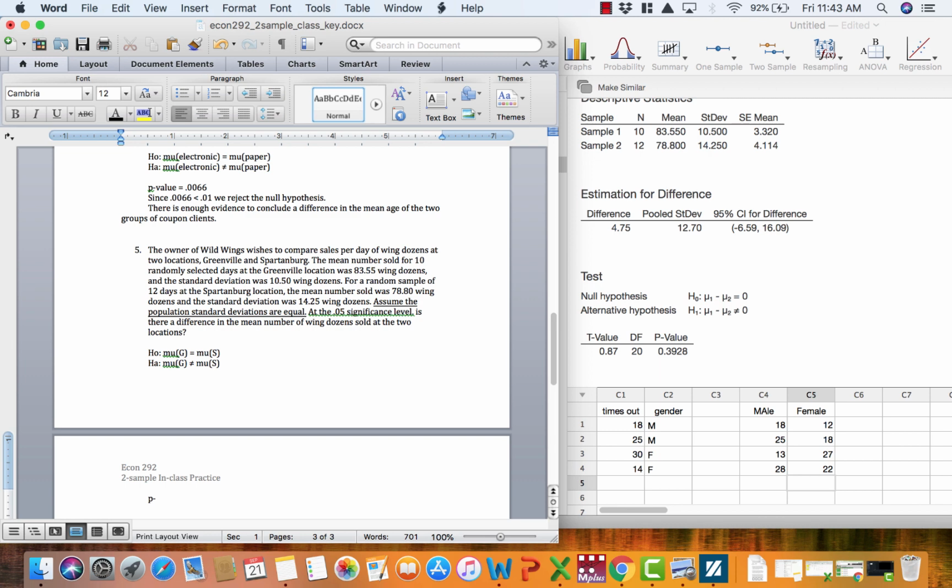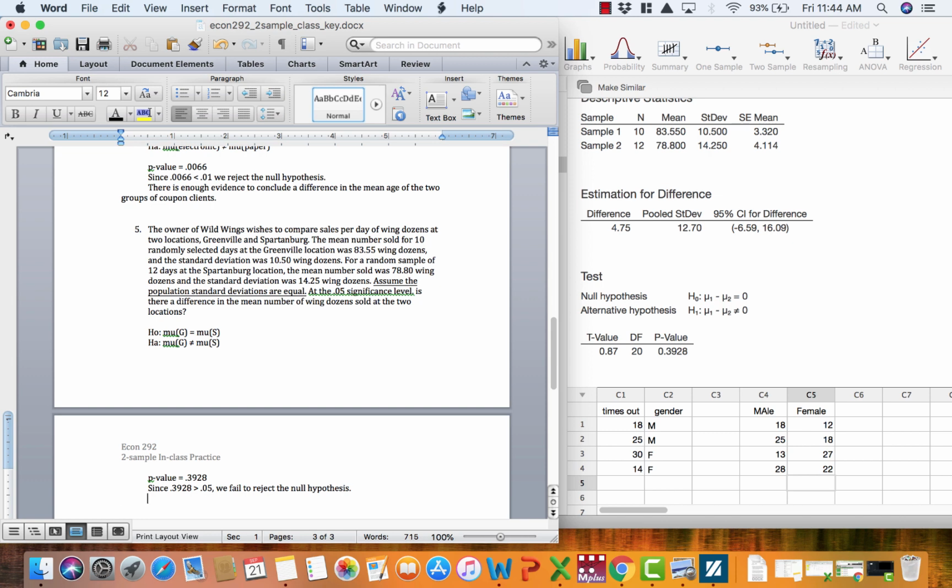All right, our p-value is 0.3928. Since 0.3928 is greater than 0.05, we fail to reject the null hypothesis. Since we fail to reject, what's our conclusion?